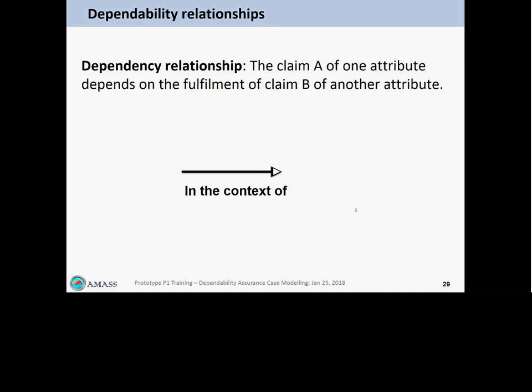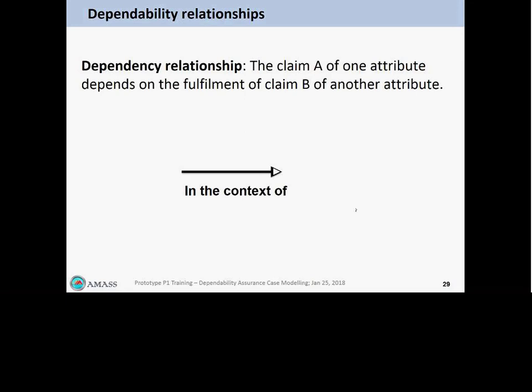When we have to show the interplay, we have identified that we need a few more drawings to explain. Sometimes we have a claim that is true, but it depends on the fulfillment of another one.